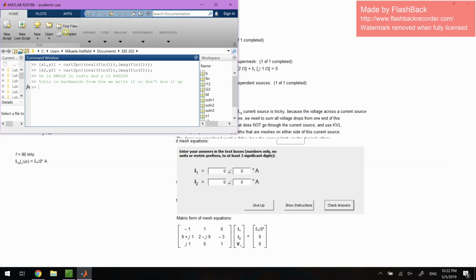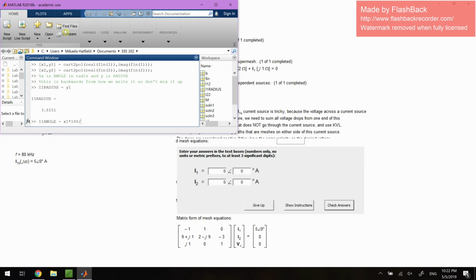Now, again, we need to convert that into polar, or excuse me, they are already converted to polar, but we need to print them out. So the radii are stored in the y variables, and the angles are stored in the x variables. So the radii we can just print out, but the angles we have to multiply by pi and divide by 180.